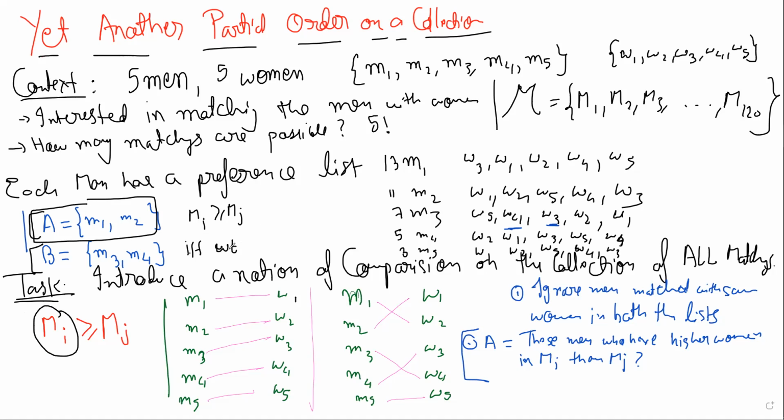But this is not very useful because we do not want to distinguish between men. That's usually not the context in which this is studied, but it might be useful in some other version of this.